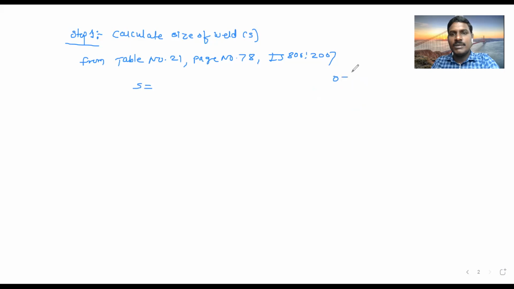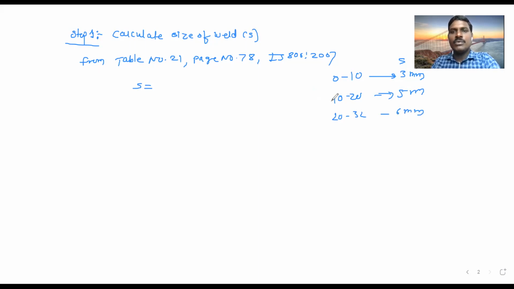If 0 to 10 mm thickness is given, then size of weld S is equal to 3 mm. For 10 to 20 mm, it is given 5 mm. For 20 to 32, it is given 6 mm. Like this it is given.